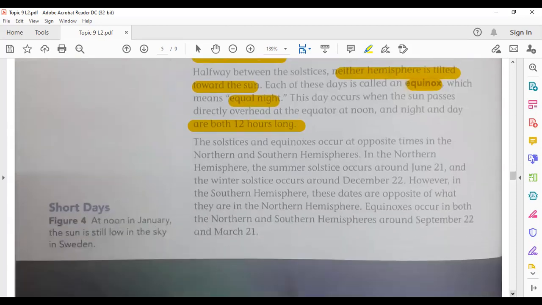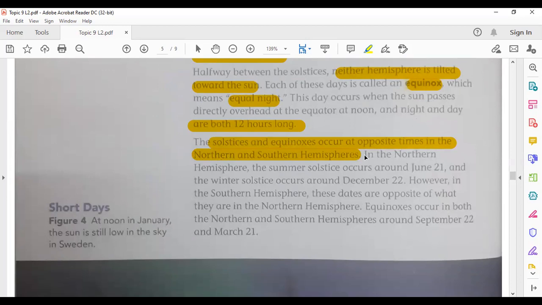When do solstices and equinoxes happen in the northern and the southern hemisphere? Look, the solstices and equinoxes occur at opposite times in the northern and the southern hemisphere. This is a very important thing to know, that they happen at opposite times.